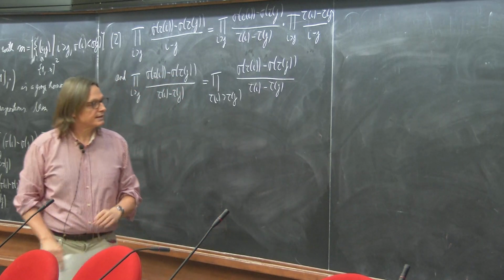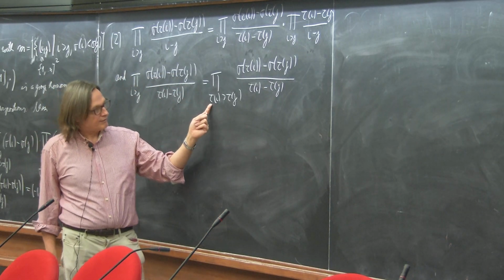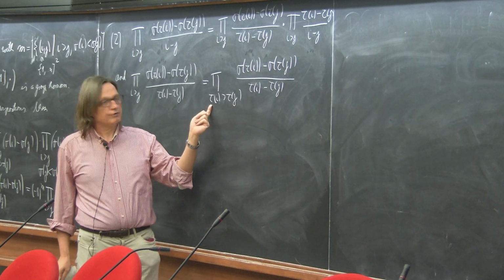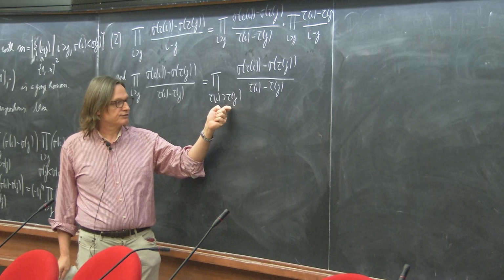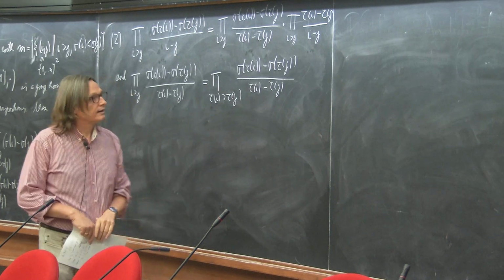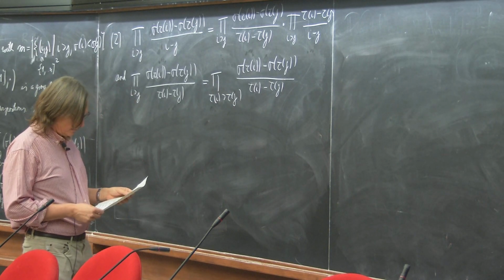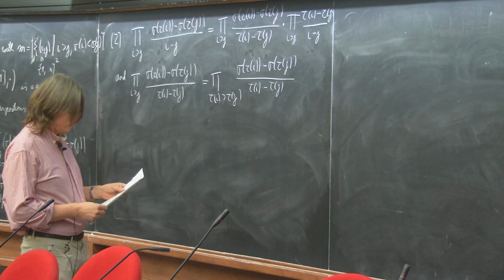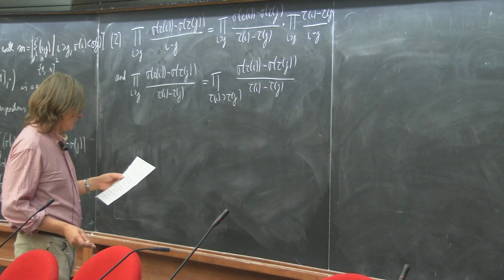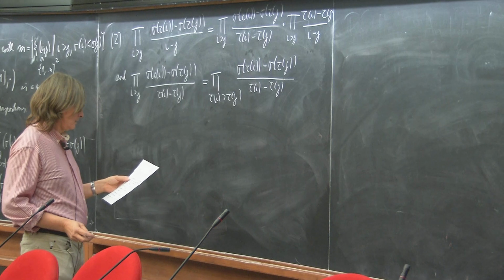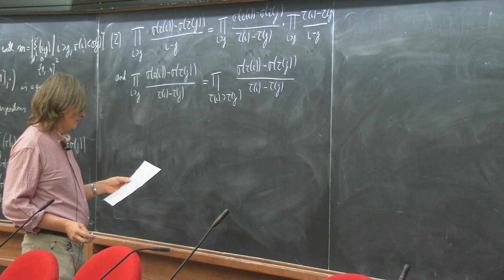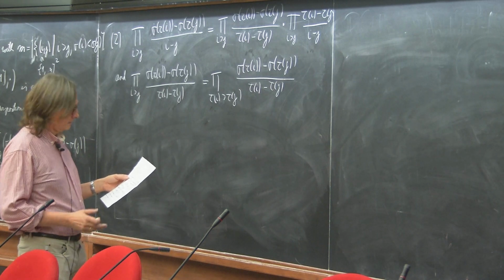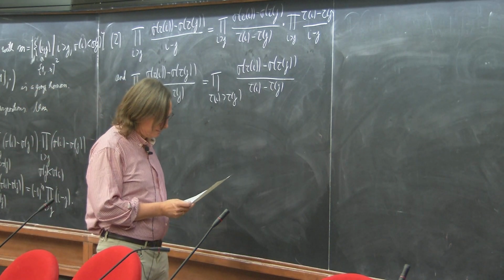But now we have the same thing as before. These tau of i's and tau of j's run through all possibilities. So I can as well call them i and j.